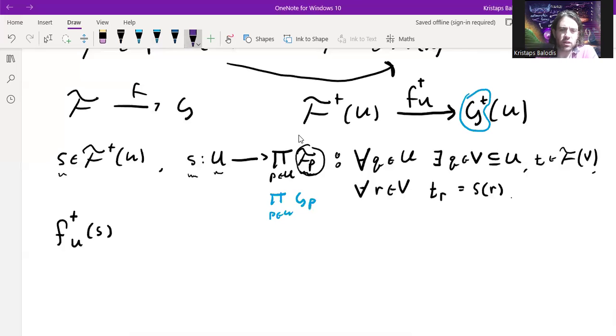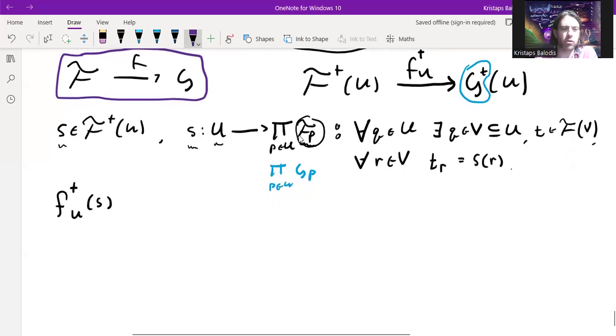So something that I don't remember if I articulated before. Well, maybe one other thing to mention is that given some morphism of pre-sheaves, I get an induced map on the stalks.